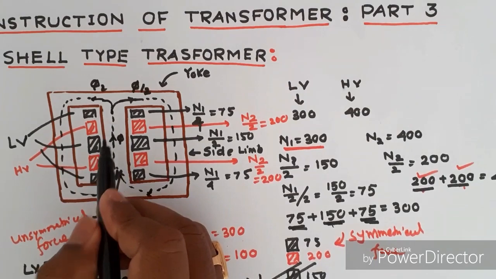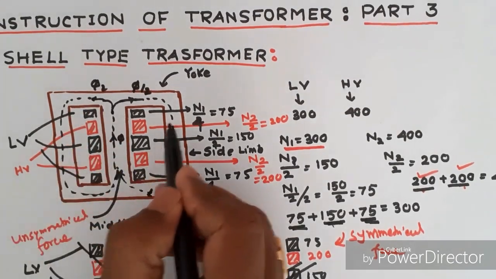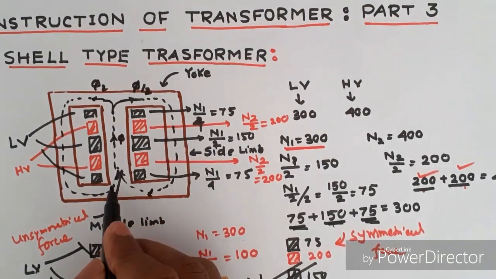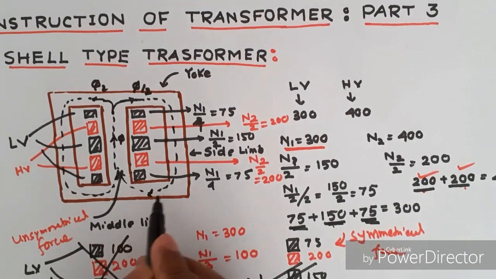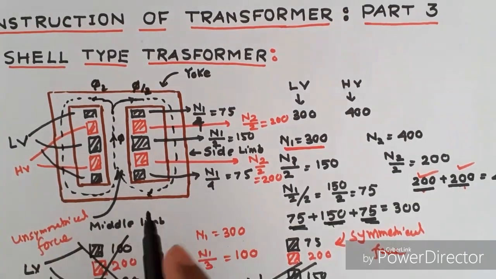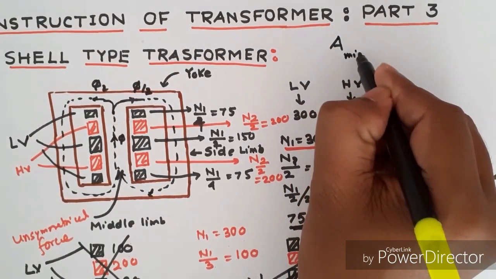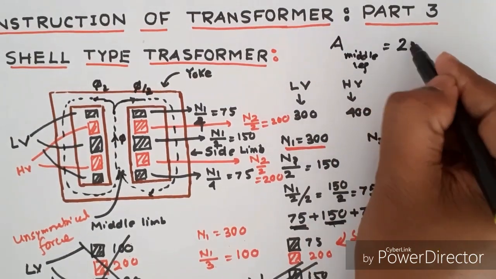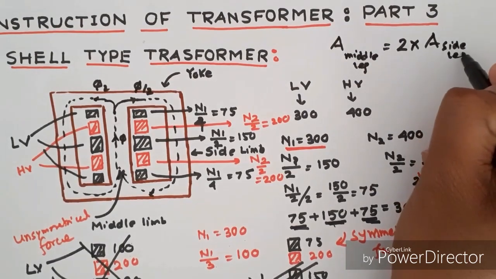In the middle leg the flux is phi, and in the two side legs the flux is phi by 2. Therefore, the cross section area of the middle leg is double that of the two side legs. It means cross section area of middle leg equals 2 into cross section area of side leg.